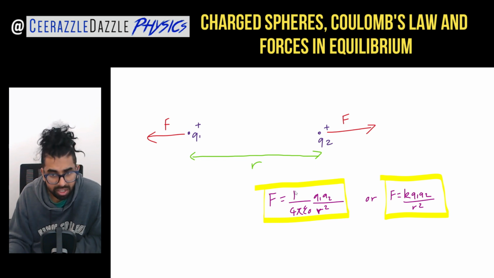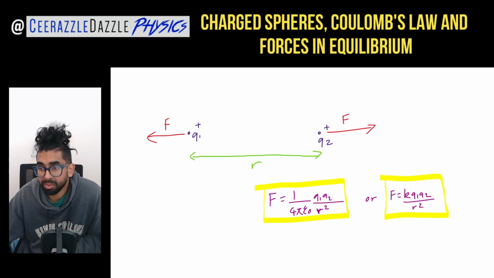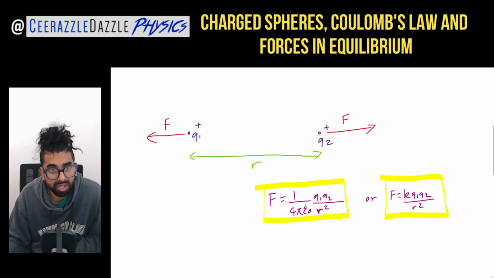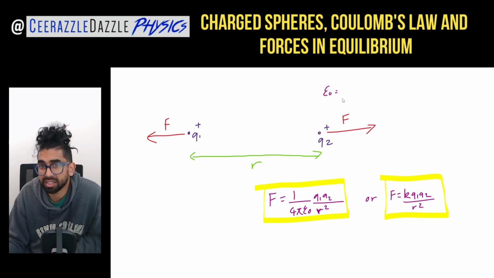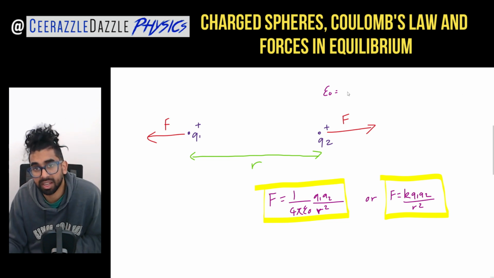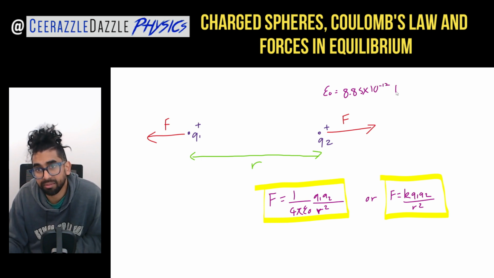If you don't like that, then we can put 1 over 4 pi epsilon naught as equal to k. You might not know what the constants are, so we'll just give you them. When you're doing the calculations, epsilon naught is equal to 8.85 times 10 to the minus 12 F m to the minus 1, farads per meter.